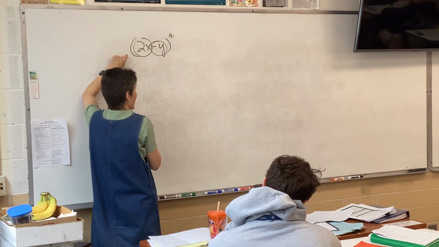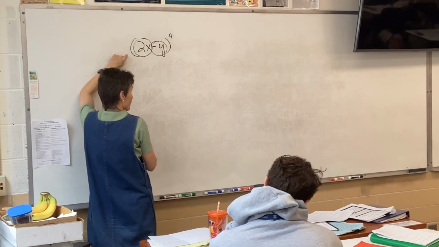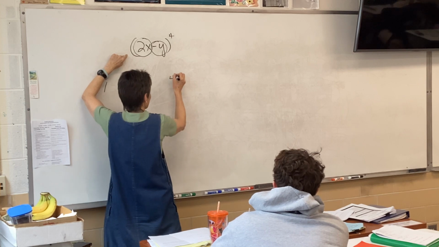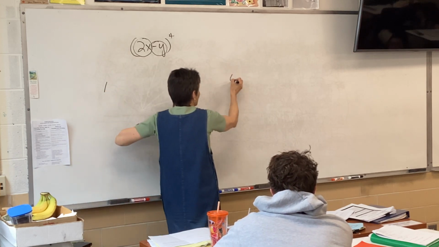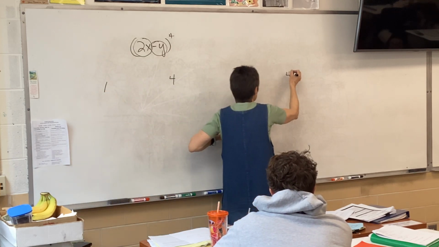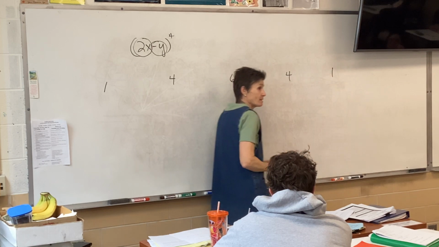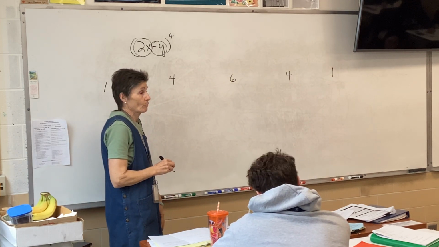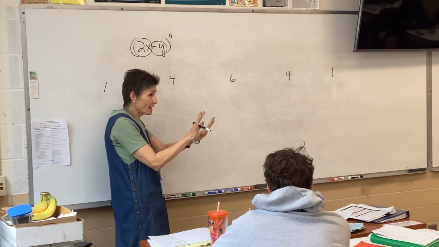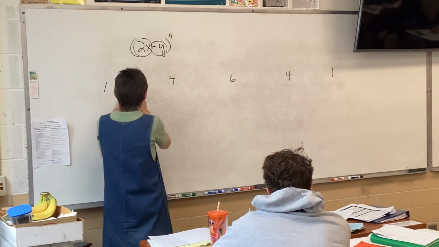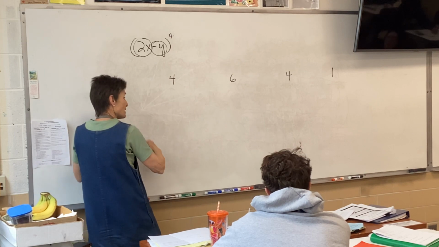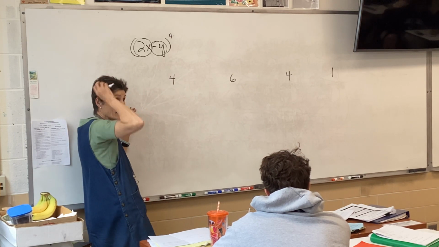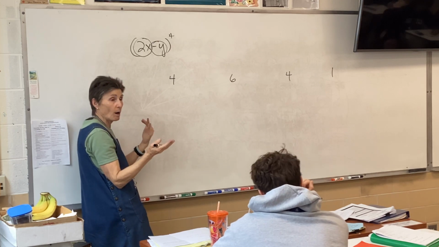Okay, here's what it looks like. 4th power. What's the 4th row of Pascal's triangle? 1, 4, 6. Kids, you're supposed to be looking at it. 1, 4, 6, 4, 1 is the 4th row. So there are my coefficients. Now, next to each of those, in the ones I just erased, next to each of these numbers, I had an x and a y, because that's what was in the problem.